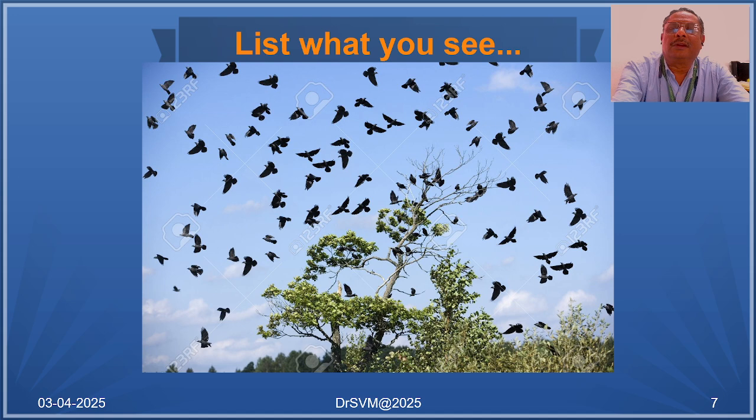Whether you call it a cloud or you call it an ocean doesn't make any difference. But what makes a difference is we can find different types of objects, like sky, clouds, birds, trees, branches, leaves, and all that.